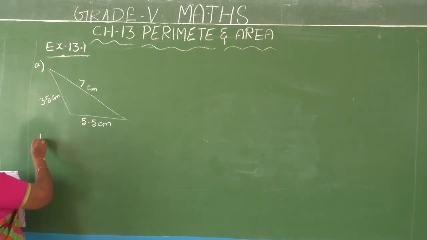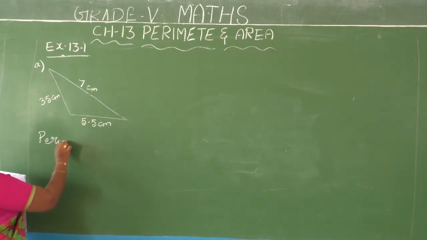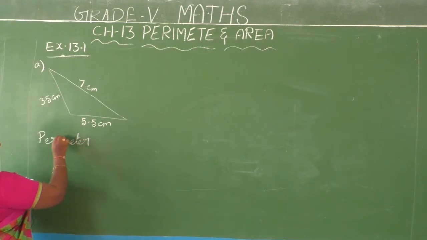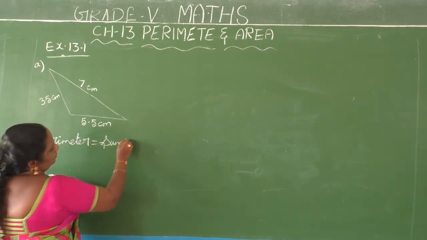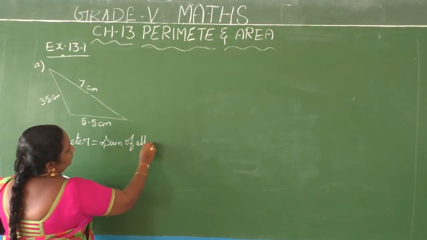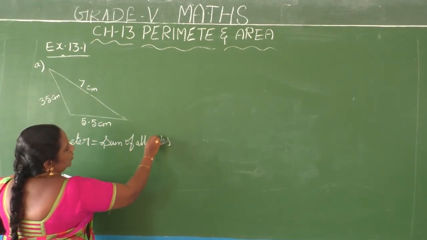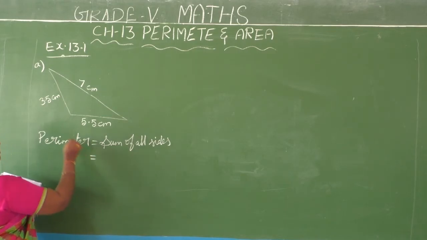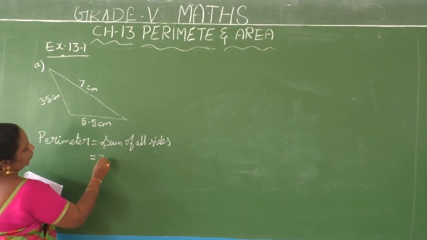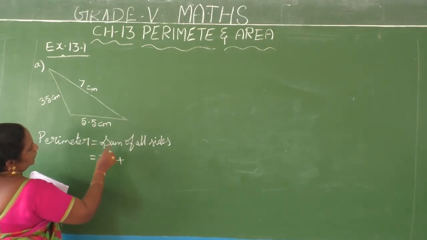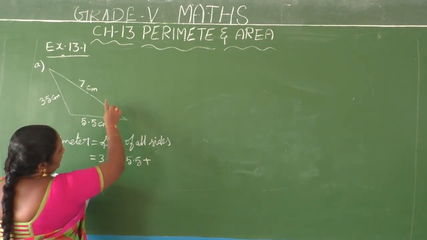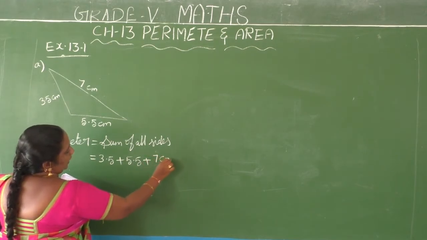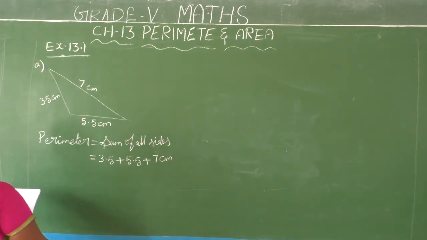So perimeter equals the sum of all sides. What is the sum of all sides? This side they gave 3.5 centimeter plus 5.5 centimeter plus 7 centimeter. So you have to add this total length.